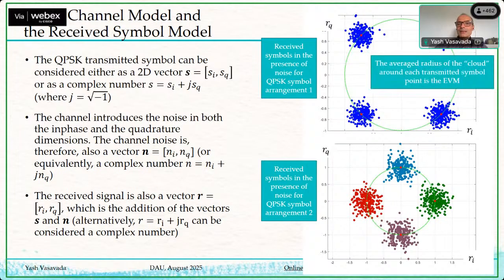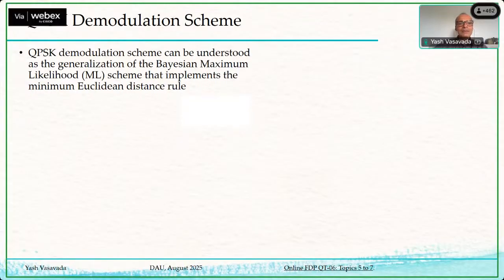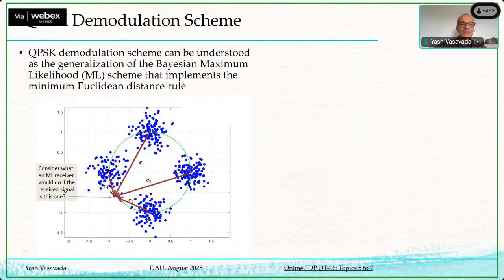And again, we apply the maximum likelihood scheme, which is the same as minimum Euclidean distance. Suppose we receive, in the two-dimensional plane, a received signal at the point where my cursor is.